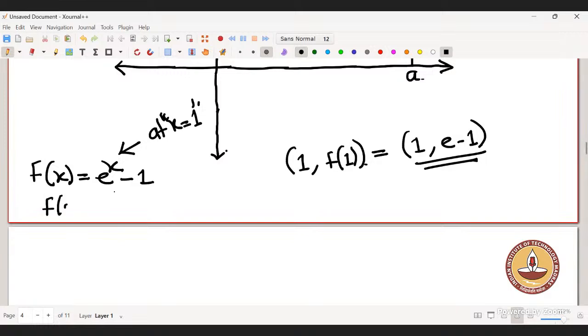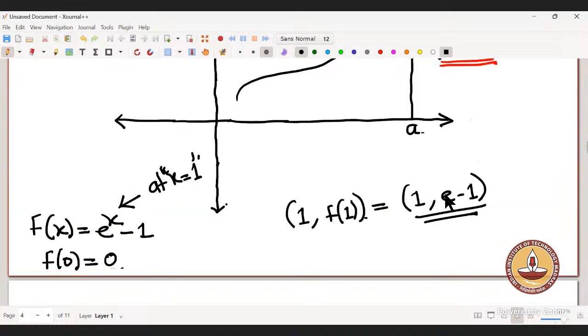There is no mention of that. f of 0 is actually 0, so f of 1 is e minus 1. I got what I was doing wrong now. Thank you, sir.